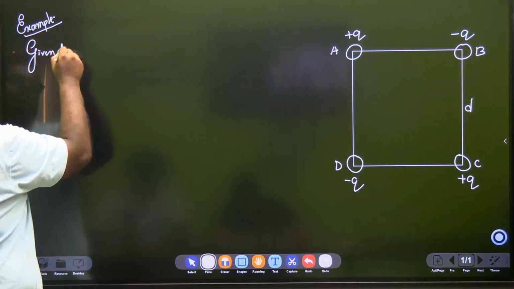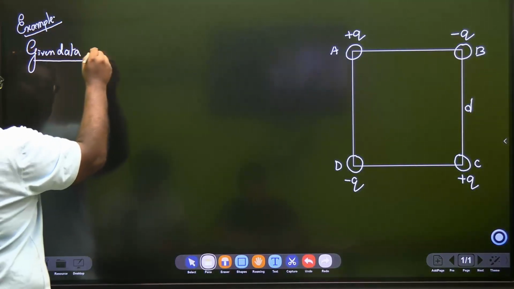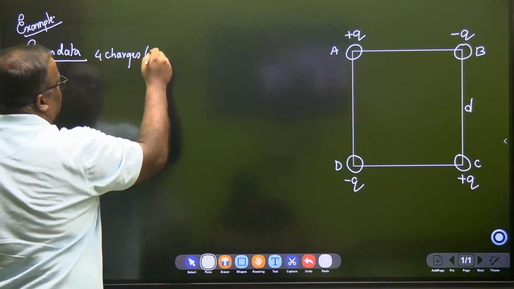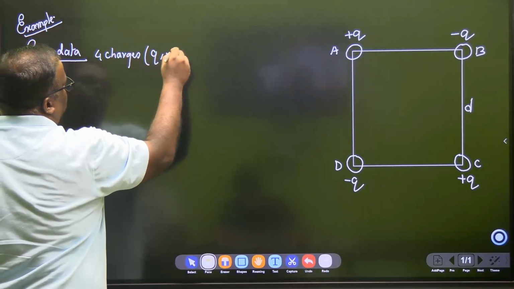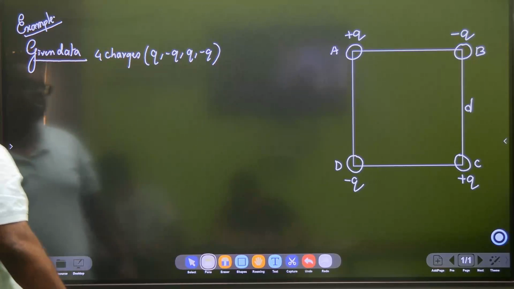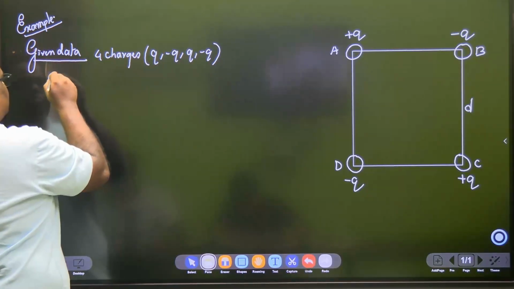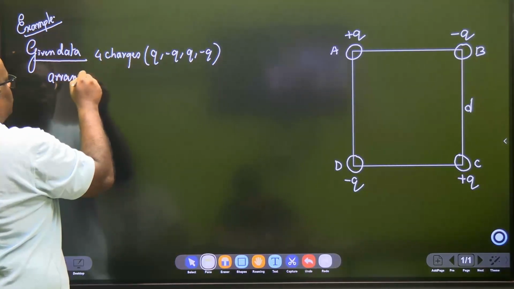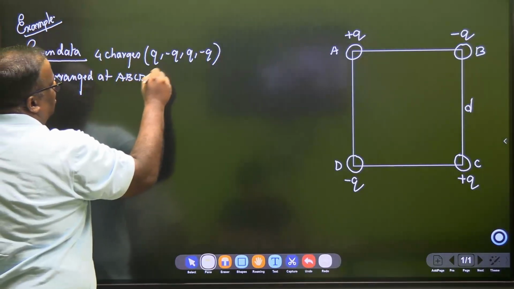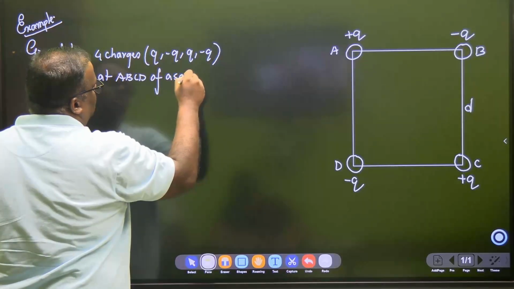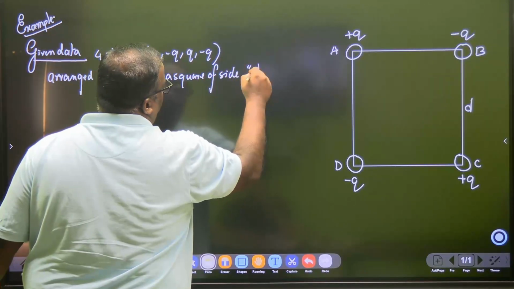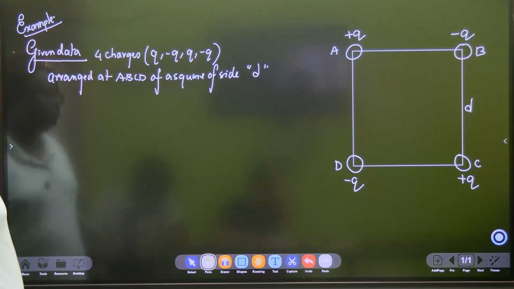The given data is 4 charges, namely Q, minus Q, again Q and minus Q, and they are arranged at A, B, C, D of a square of side D. The measurement of each side of the square is D.